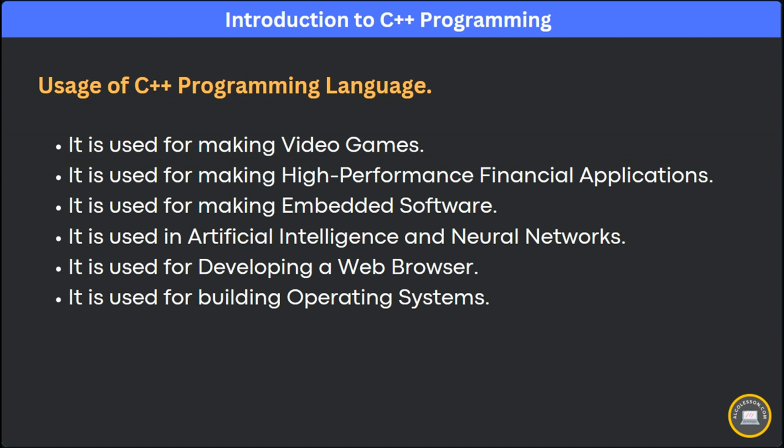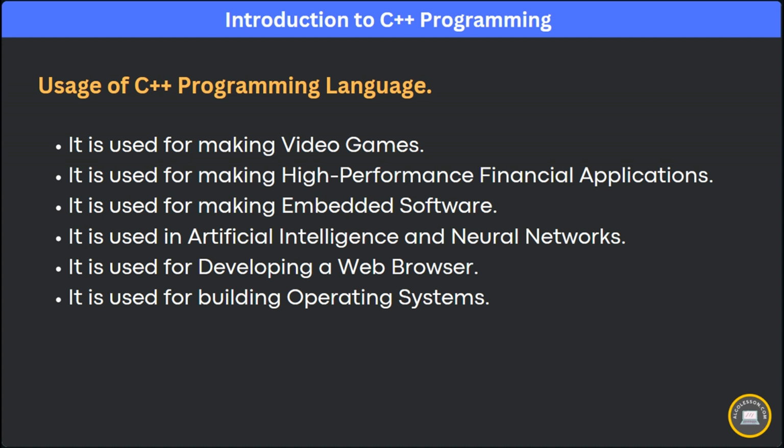It is also used for developing web browsers, and to build operating systems, like Windows, Linux or any other operating system. There also the C++ programming language is used, though Windows is mostly built in C#. So these are the uses of the C++ programming language.